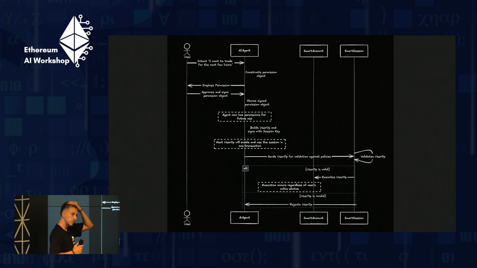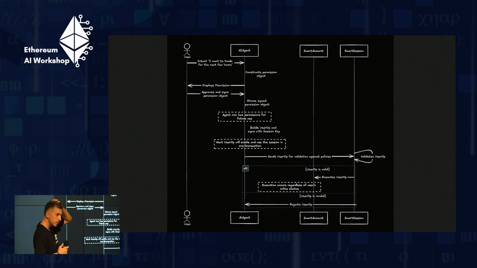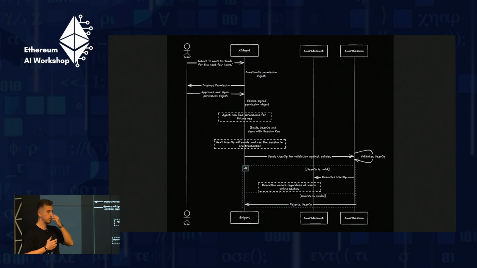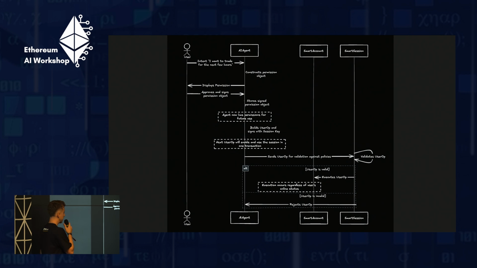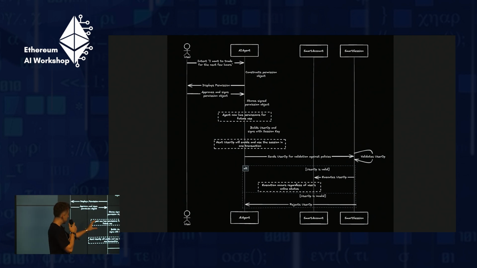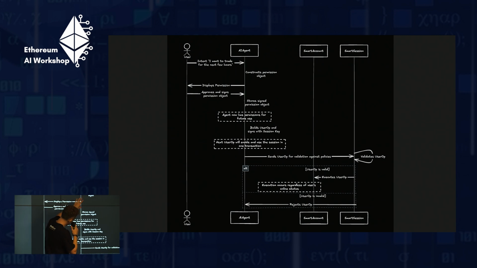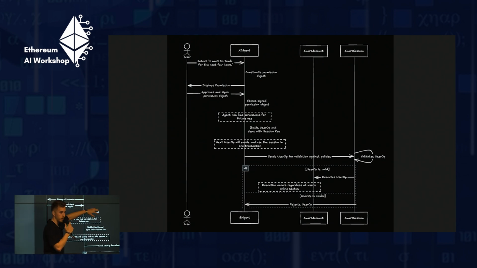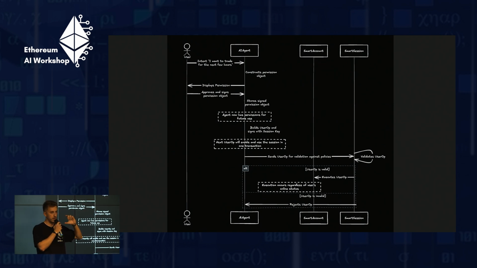Why does the signed permission object have to be stored securely? Yeah, that's a good question. So this signed permission object is the whole session object, right? The session object typically has a signer inside of it, which means it also has a private key.